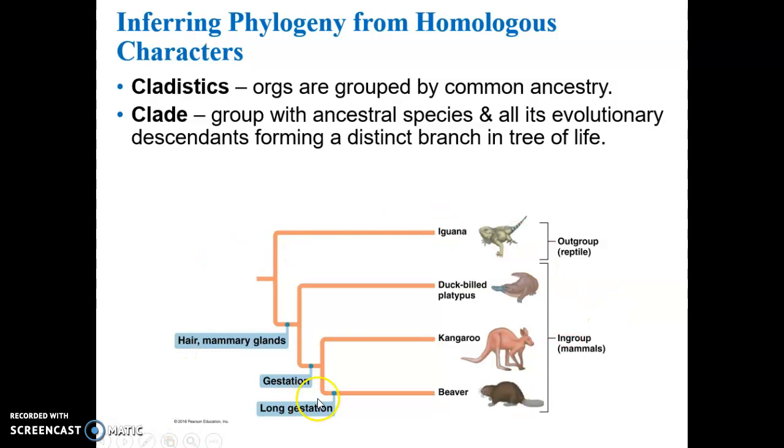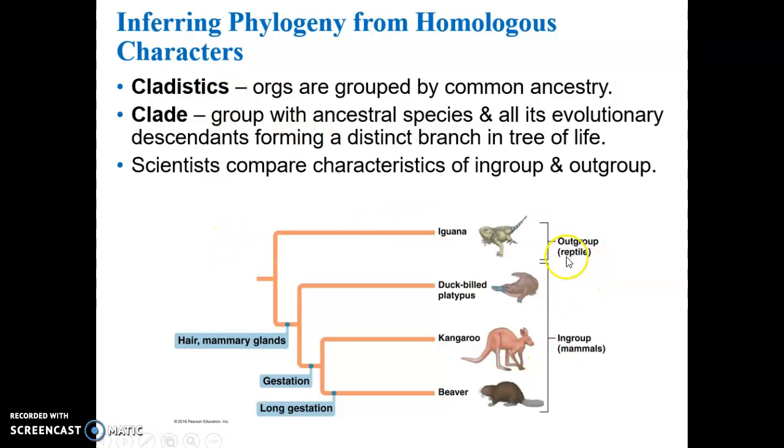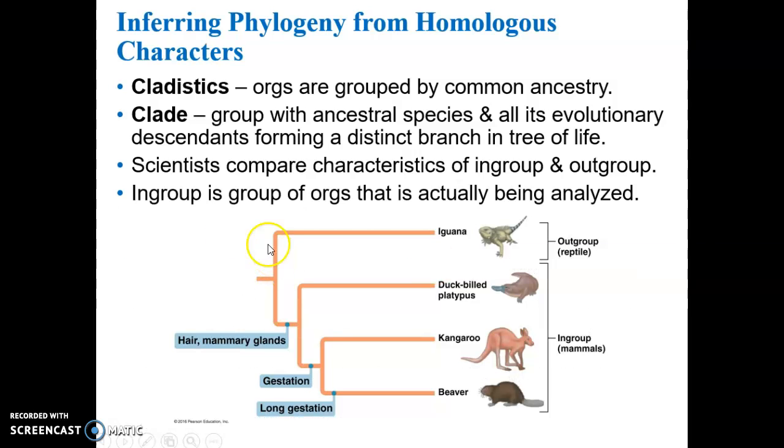So if you look at the figure here, the way cladistics often works is they compare an in-group of the organisms that the biologists or scientists are interested in examining with an out-group, something that's distantly related. Okay? So the in-group is a group of organisms that is actually being analyzed. What we see here is actually a clade. It's a very simple one, but it's a clade that shows the common ancestor is a mammal with hair or fur and mammary glands.